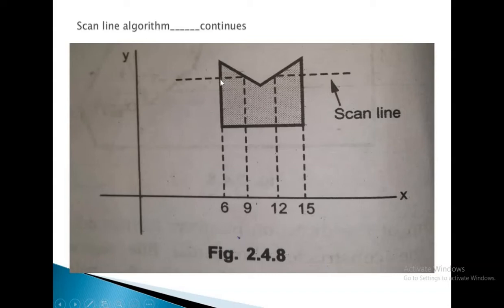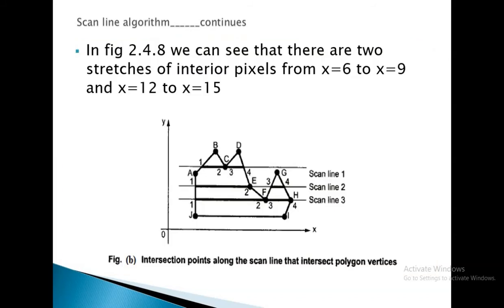After that, these points are paired from left to right. In this diagram, 6 and 9 is one pair, and 12 and 15 is one pair, and we fill this area and this area using the paired intersection points.